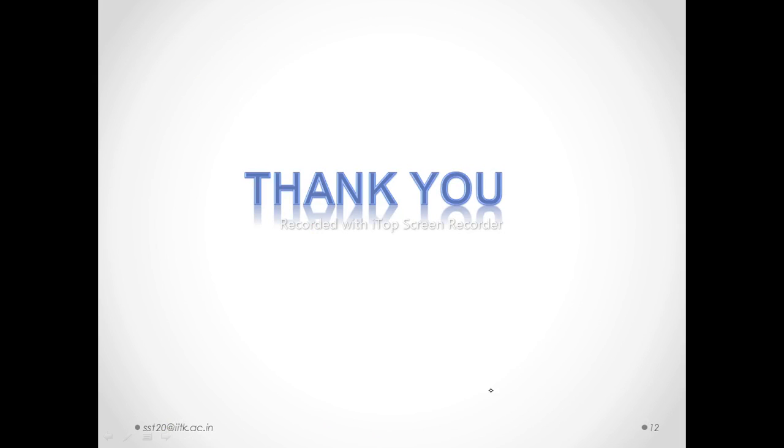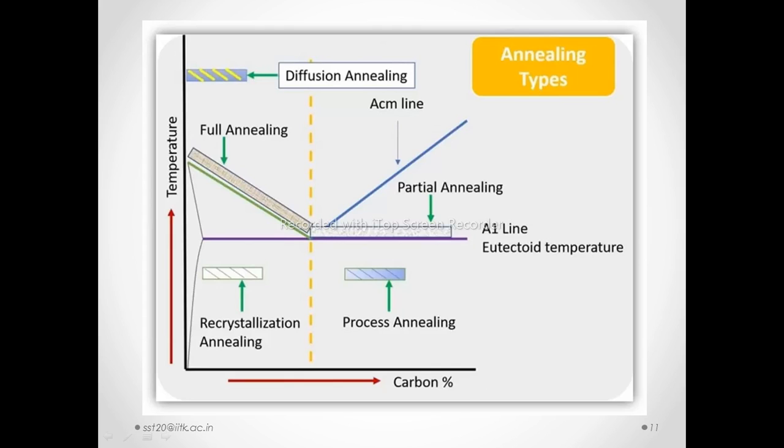Lastly, I will explain all these different types of annealing with their different temperature ranges. First of all, I will start with the higher temperature. As I explained, more temperature is required for diffusion annealing. The range is 1000 to 1200 degrees Celsius.